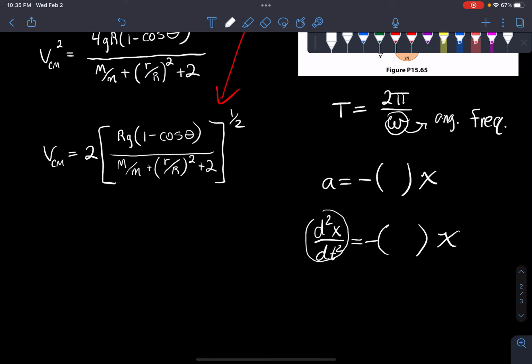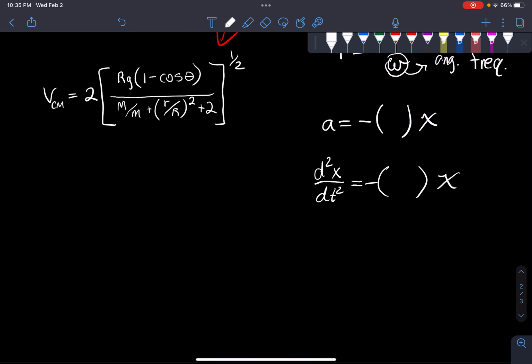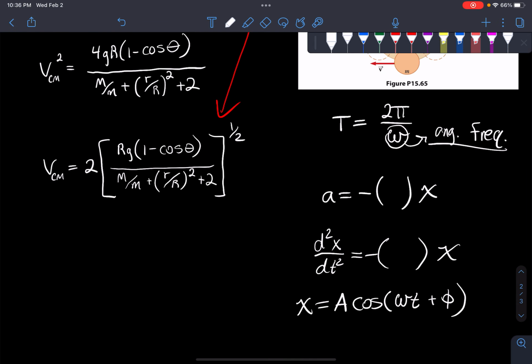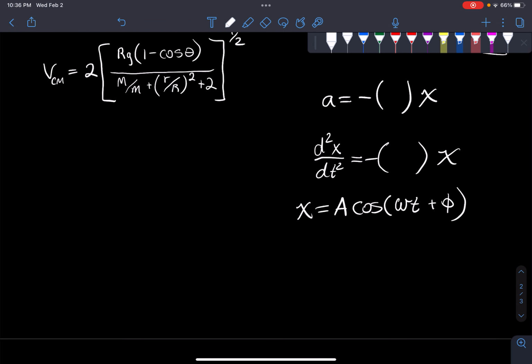So anytime you have the second derivative of a function equaling the function itself with a negative sign and some constant, that means the solution is x equals some constant A times cosine, you could use sine, but I'm going to use cosine of omega t plus phi. So this is the solution where omega is a constant, which is the same constant as this. Phi is the phase shift.